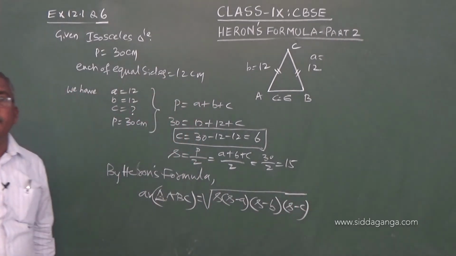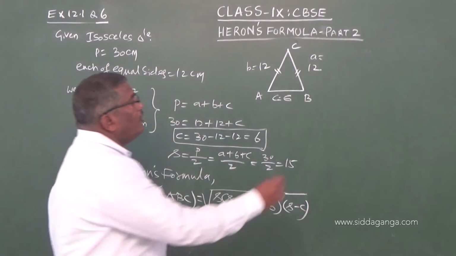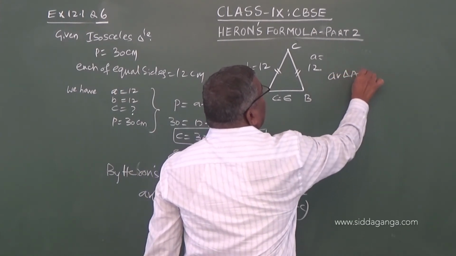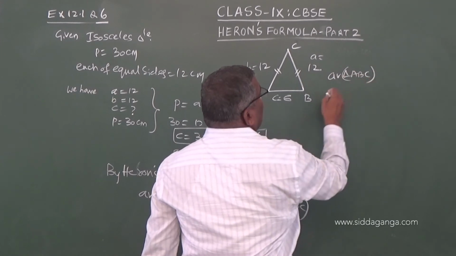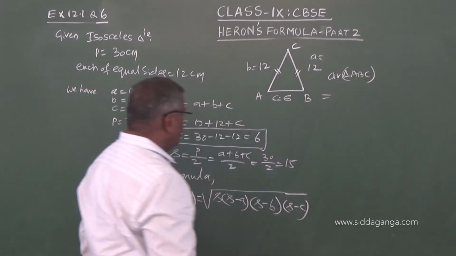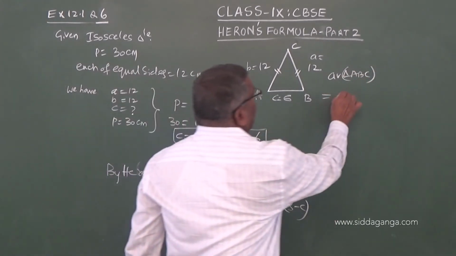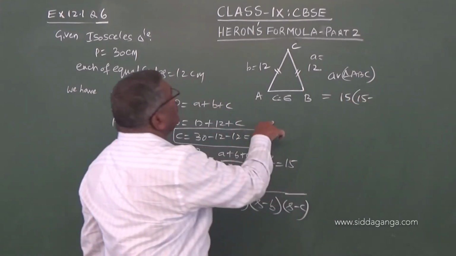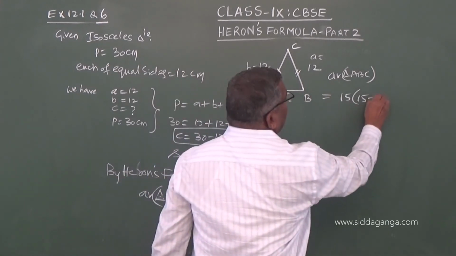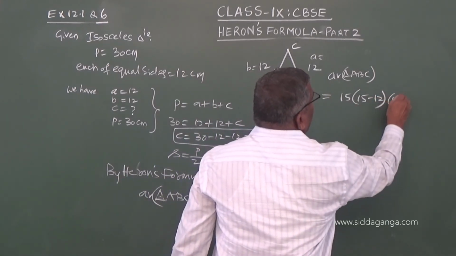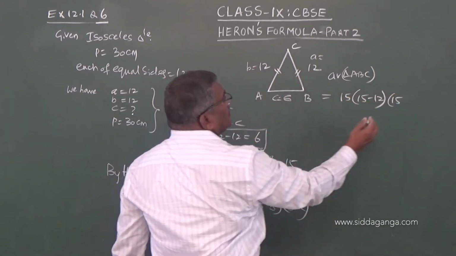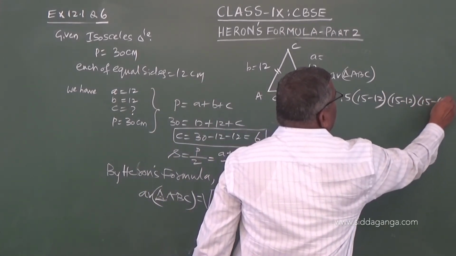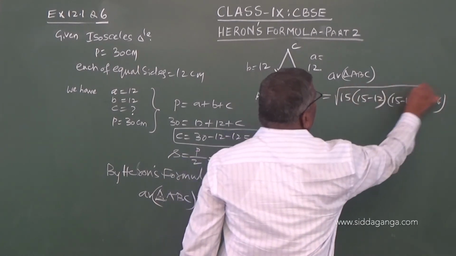So area of triangle ABC equals S is 15, into 15 minus A, 15 minus 12 is 3, 15 minus B is 3, 15 minus C is 6, under the root.